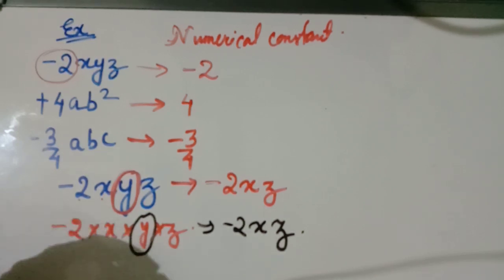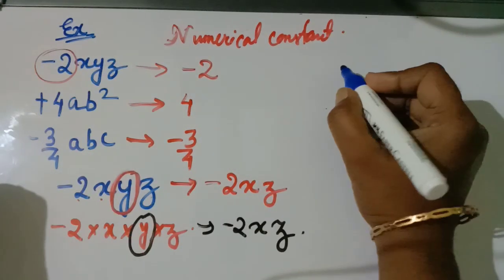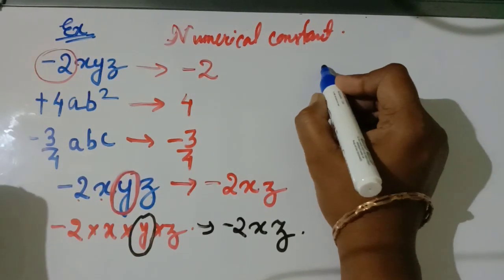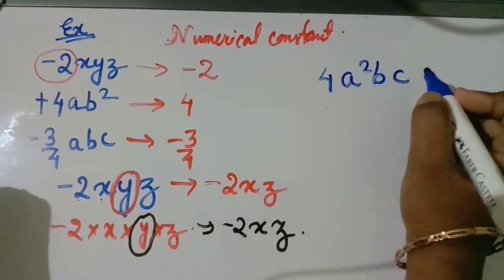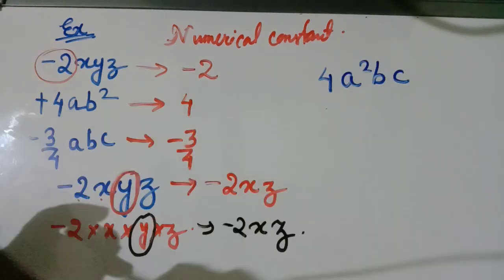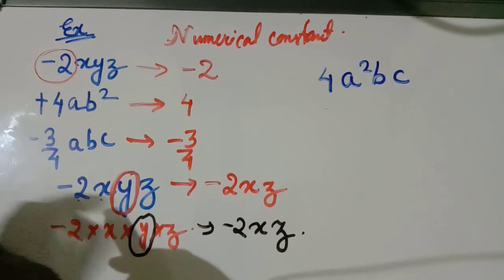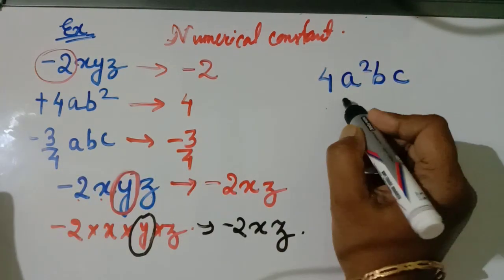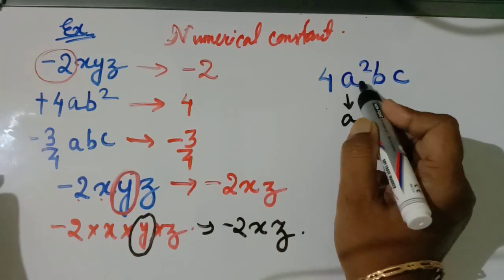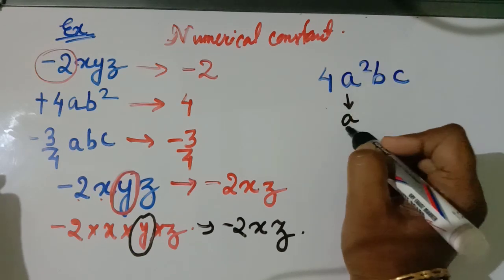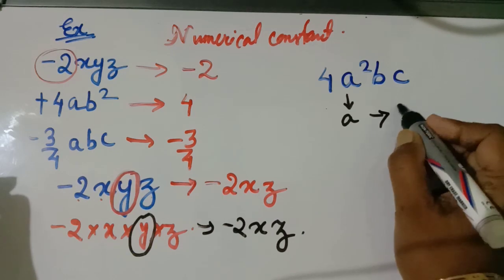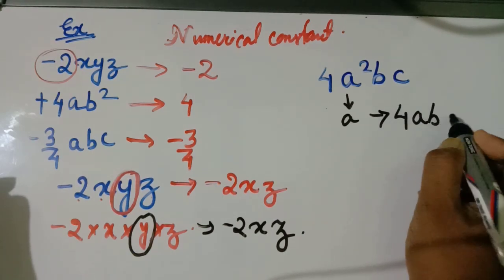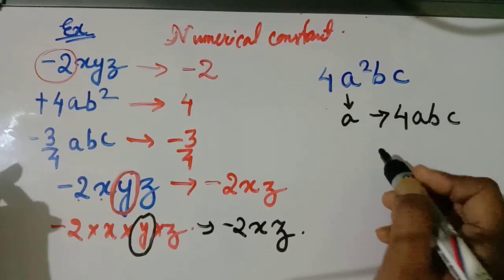Similarly, another question, suppose 4a square bc. Now, what is the coefficient of a? Only a, I am not asking about a square, only a. So, here your answer should be 4abc. Now, let's see how.